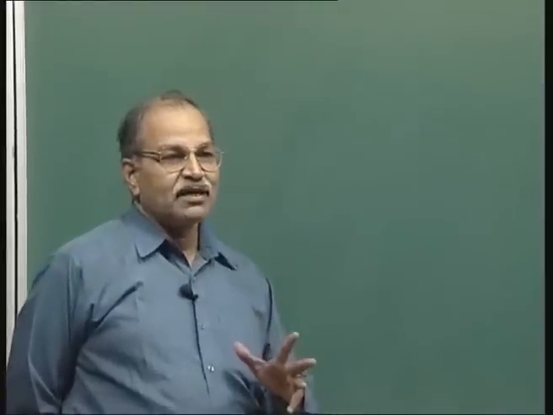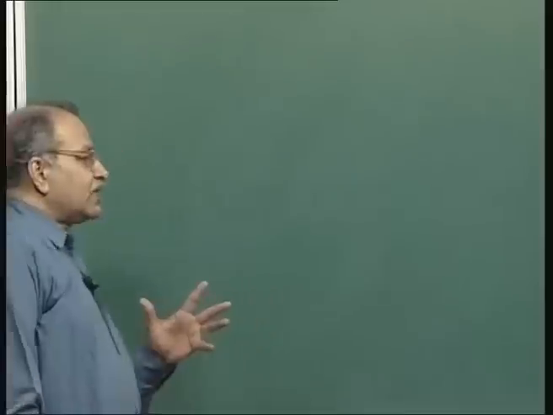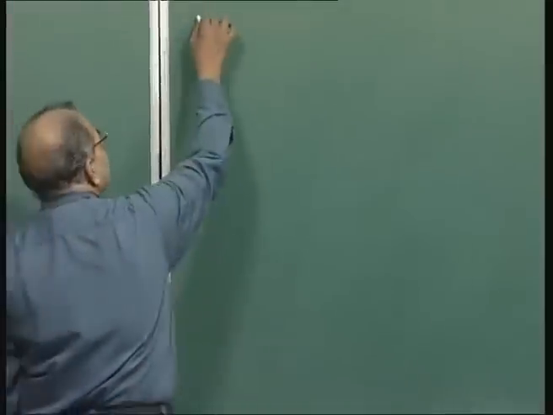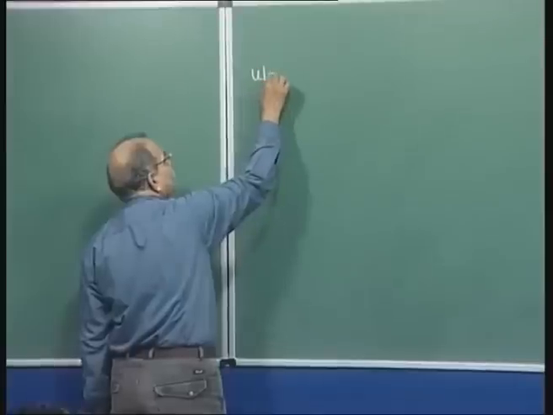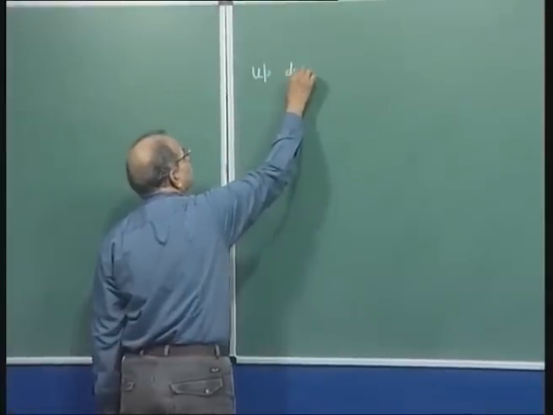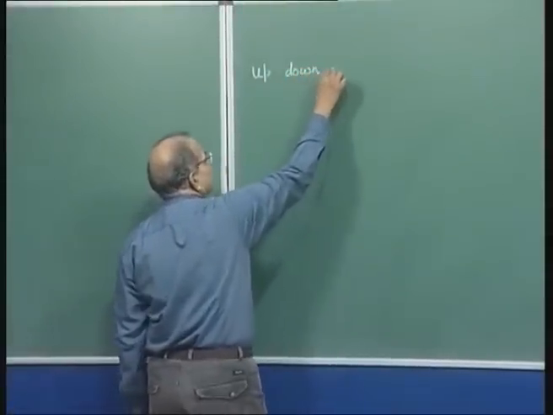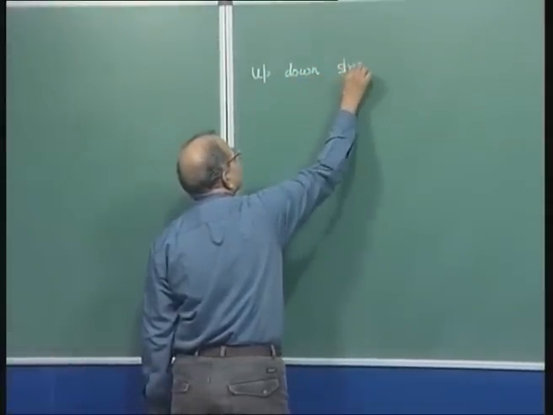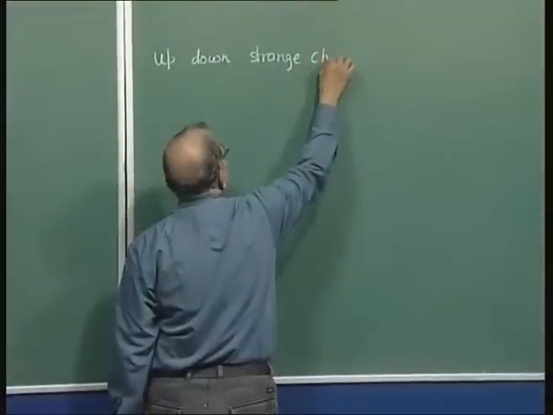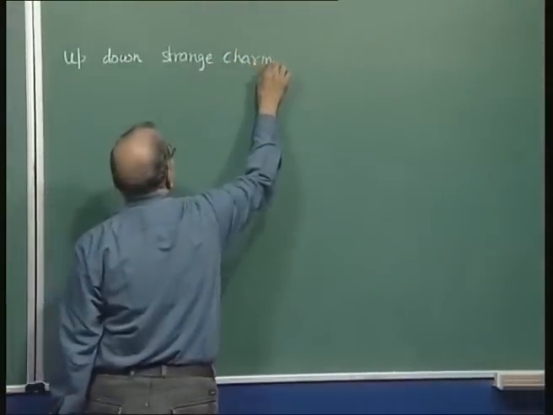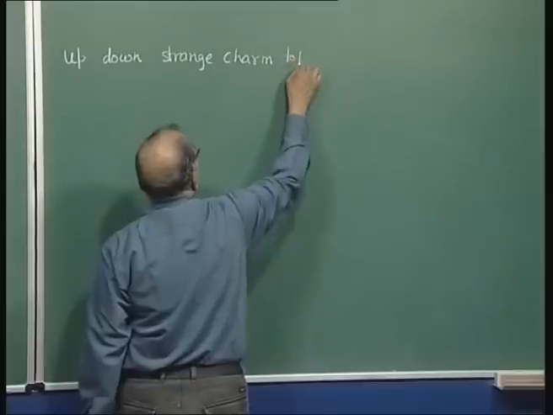Quarks themselves come in 6 varieties: up quark, down quark, strange quark, charm quark, and then top and bottom.